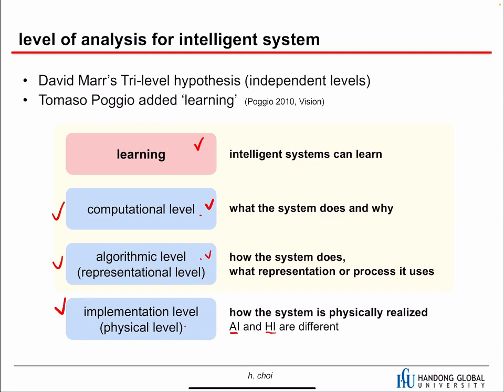And Thomas Poggio actually added a learning layer. Okay, so an intelligent system can learn. This hypothesis is based on independent levels, but actually they are not. So it's kind of an assumption, an approximation to implement intelligent systems. But our human intelligence is much more complicated than just an independent hypothesis. If you took a data structure class, then you know what I mean.